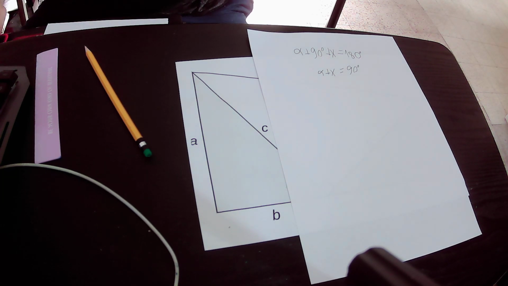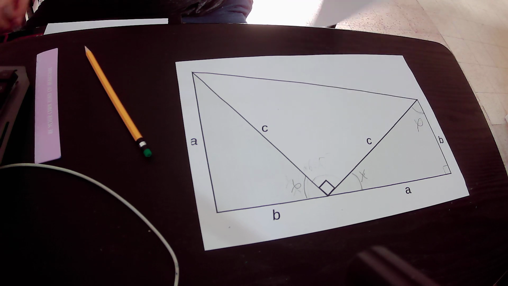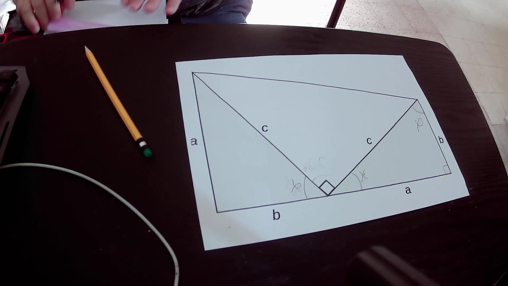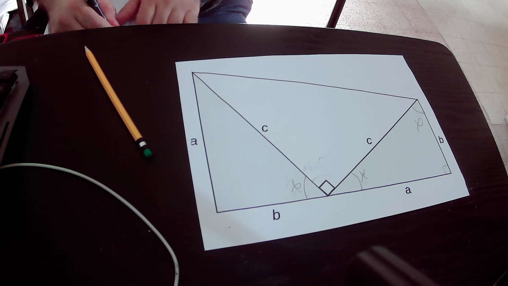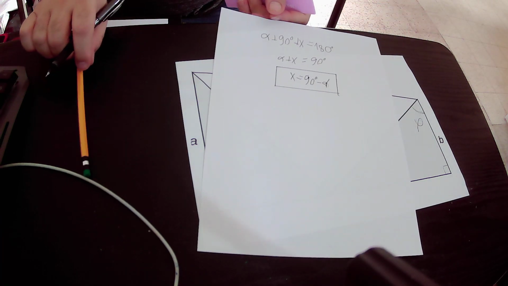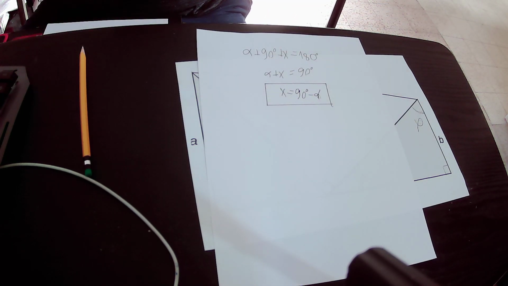Now we'll subtract alpha from both sides of the equation, and we will get that x is equal to 90 degrees minus alpha.